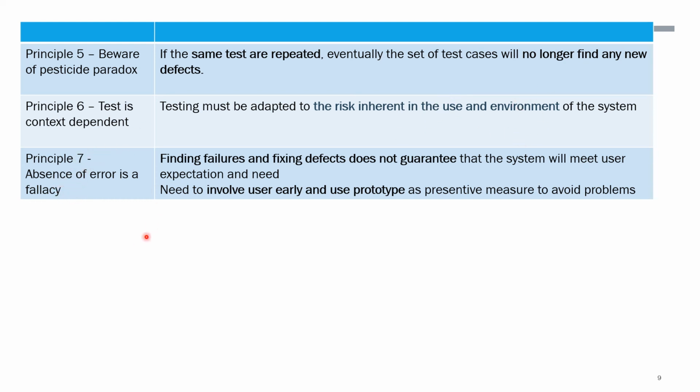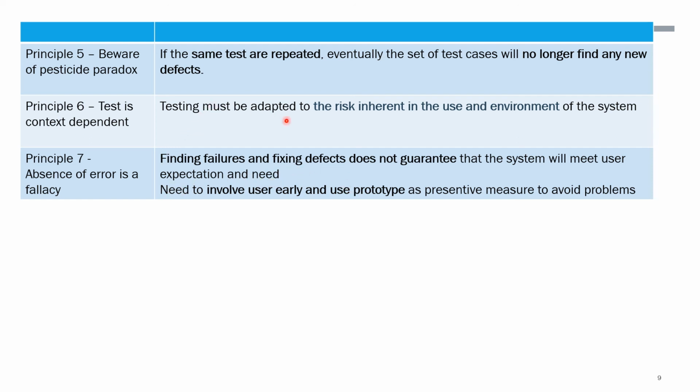Principle 7, absence of error is a fallacy. As I've mentioned to you, as a tester, your job is to find errors. Let's say you run a system and you run the testing and there are no more errors and you think that your system is good enough. No, don't get yourself wrong.